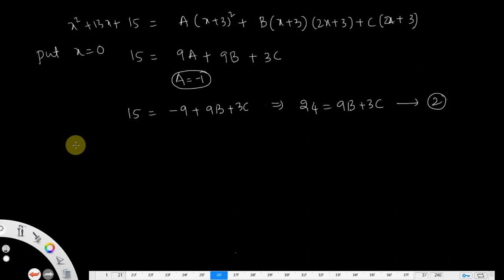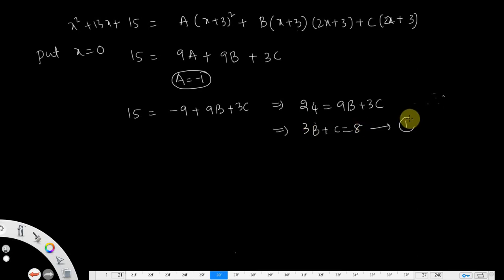Observe that 3 will be a common factor also: 8 equals 3B plus C. So 3B plus C equal to 8.